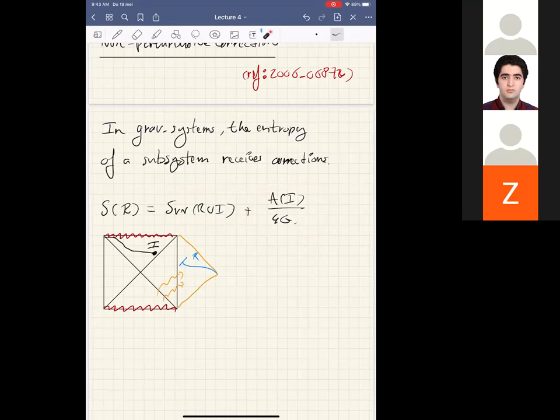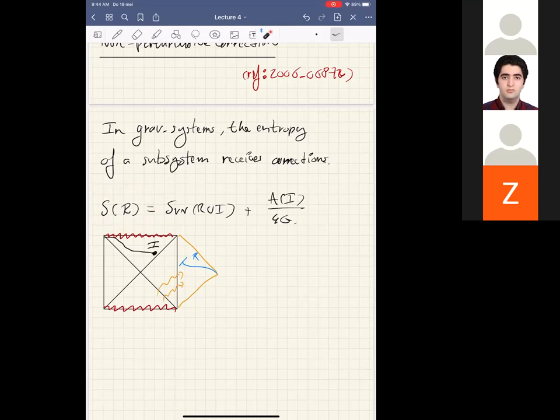The location of this island is precisely determined by extremizing this formula. So you're looking for the possibility of having an island by taking derivatives of this total entropy formula, solving for an extremum, and that will give you the location of an island.